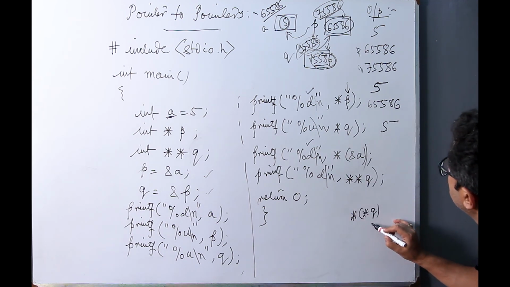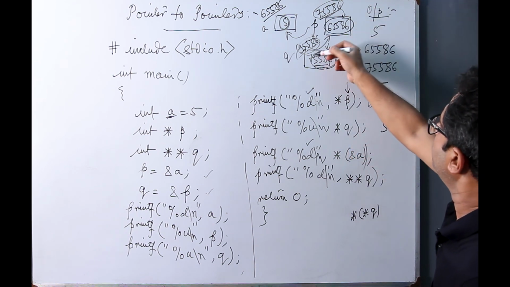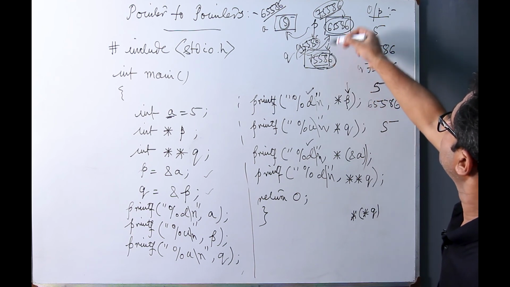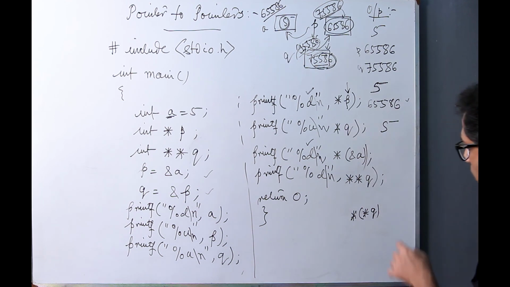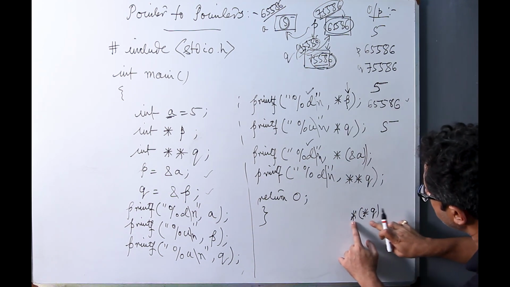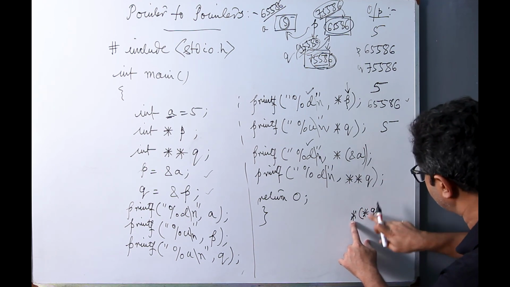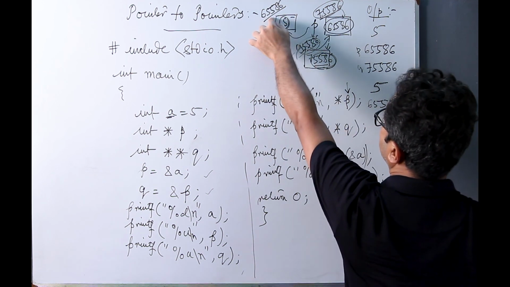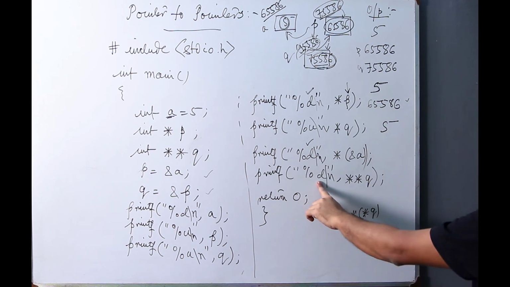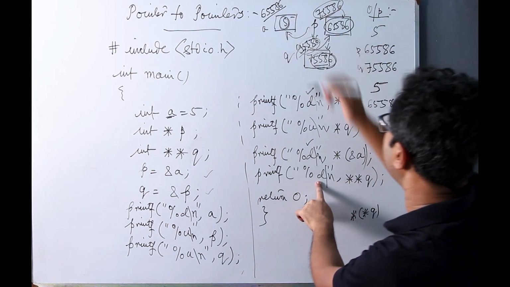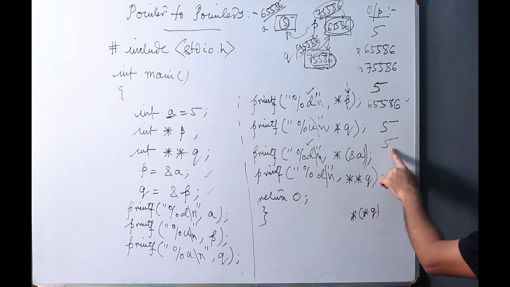Star q means 75586, and star q means what is contained in 75586, that is 65586. So now star q is 65586, and star of star q is star of 65586, which is nothing but the value 5, and that's why I have written %d as the format specifier, because I am going to print the integer value 5. So this will also give the output of 5.